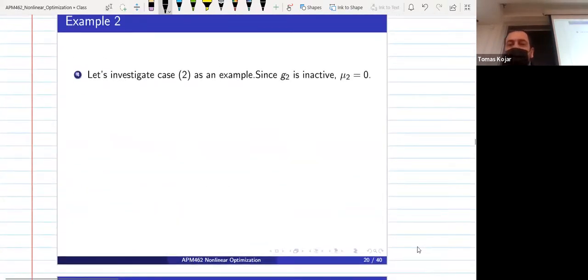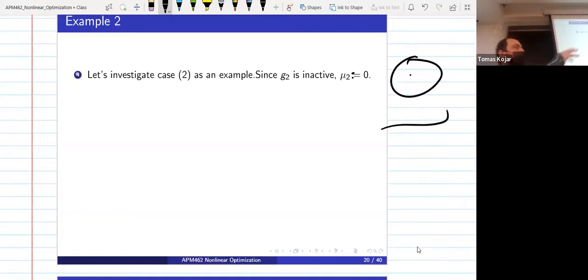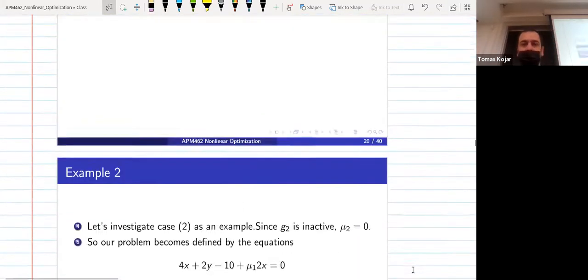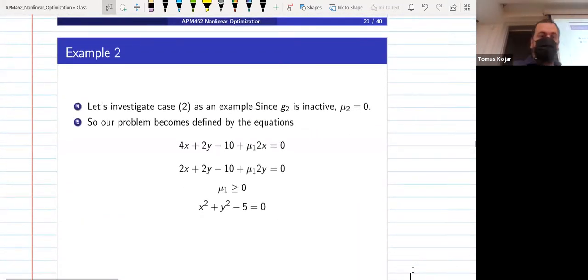G2 is inactive, so by definition I set its multiplier to be 0 because I don't care about it. A neighborhood would be all interior points for G2 negative. So it's not a boundary point, and I can ignore it when I do Lagrange multipliers. So I only have to worry about mu 1.